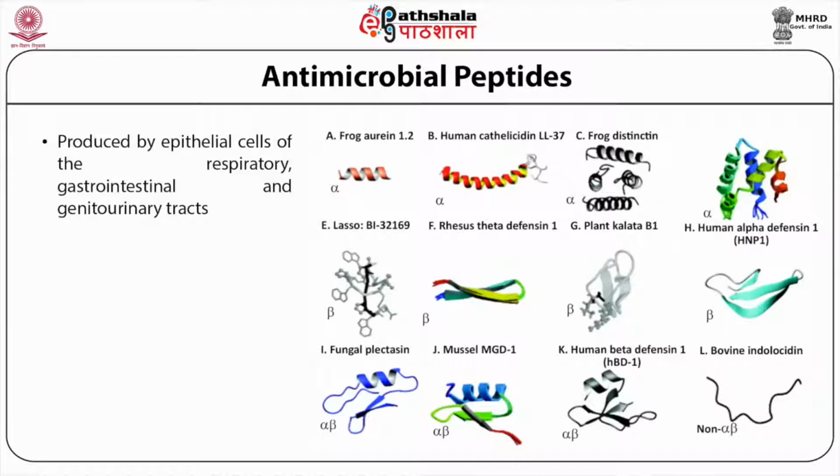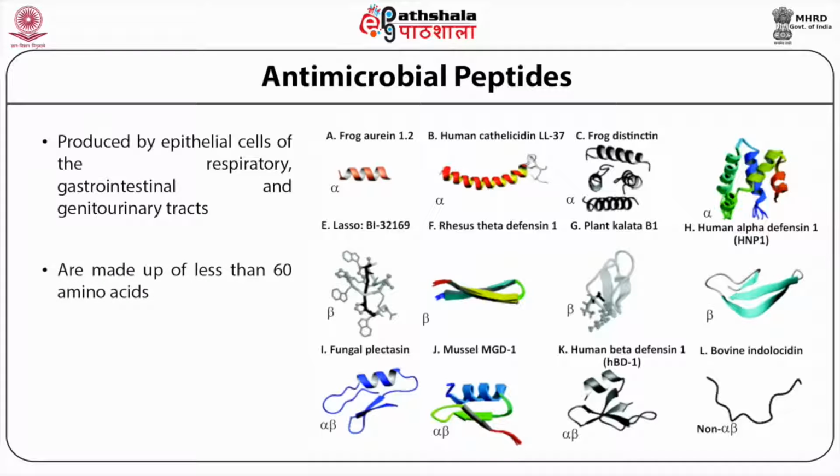Epithelial cells of the respiratory, gastrointestinal and genitourinary tracts produce such antimicrobial peptides. If the microbial infection breaches the barrier of the epithelial cells, it encounters phagocytic cells. One of the modus operandi of phagocytic cells during innate immune response is in fact to produce some of these antimicrobial peptides.